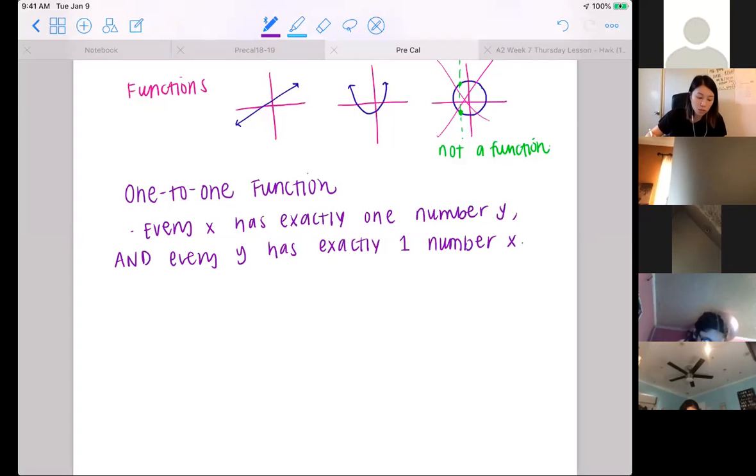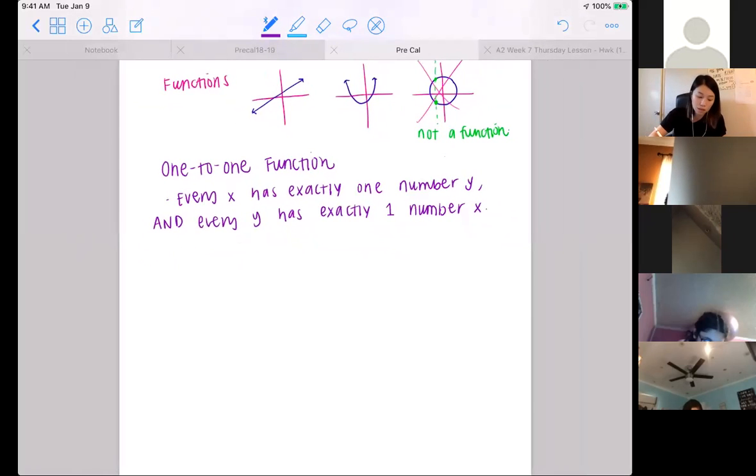Okay, so I'm going to show you some one-to-one functions and some non-one-to-one functions. Let's say I have y equals x plus 5, and then y equals x squared.